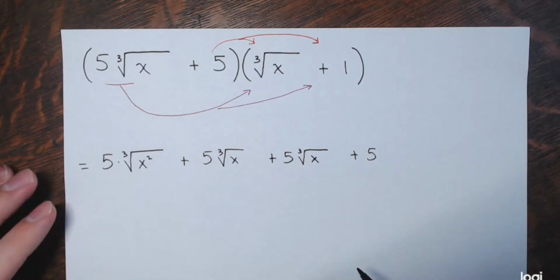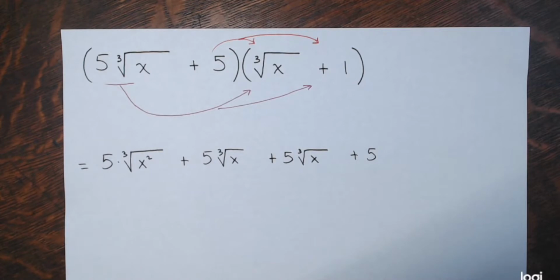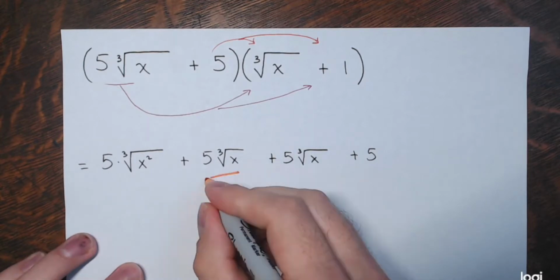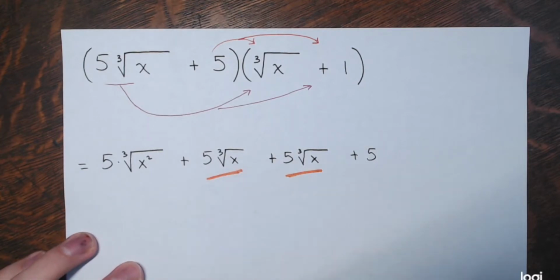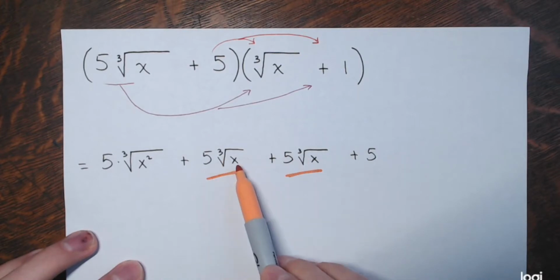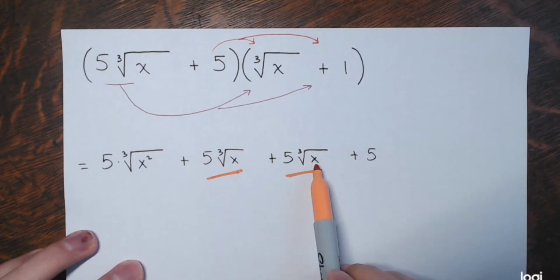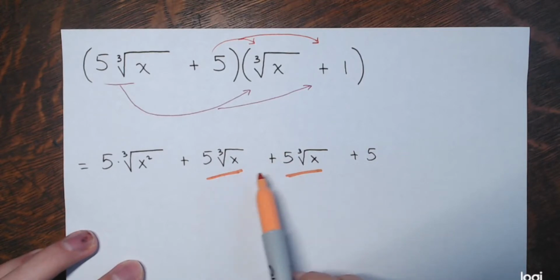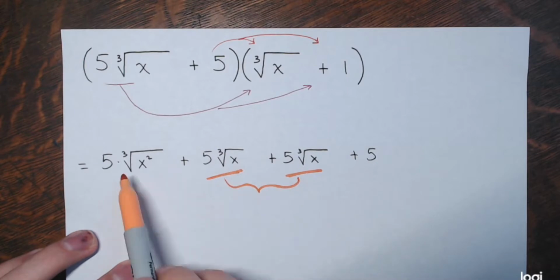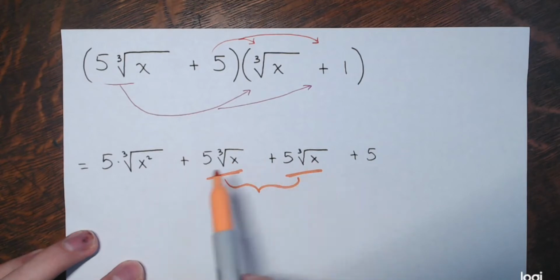And then I combine like terms, like radicals. Well, the only terms that are like are these two. They both have the cube root of x, the same index and the same radicand. So these can be combined. This has the cube root of x squared, a totally different radicand than these two have, so I can't put these with these.